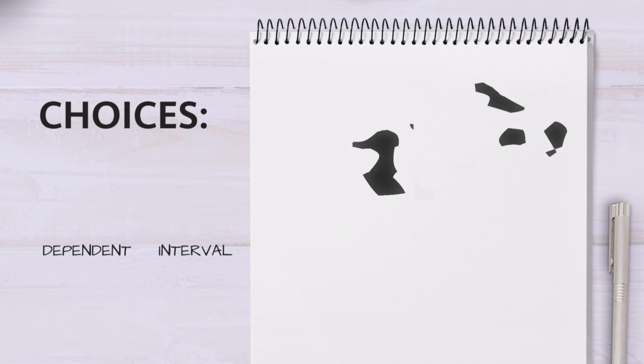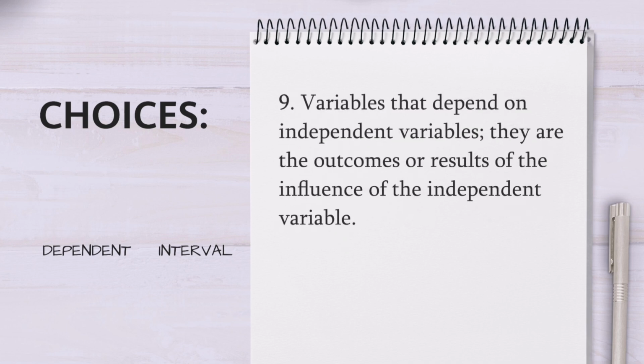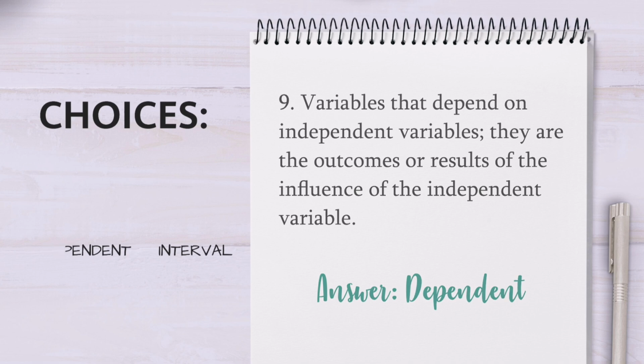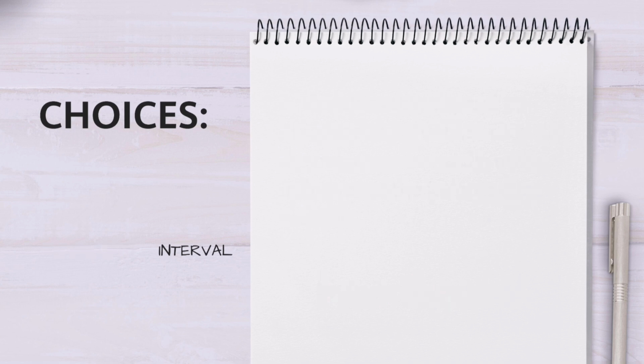Question number 9. Variables that depend on independent variables. They are the outcomes or results of the influence of the independent variable. Dependent variable, correct. And finally, the last question.